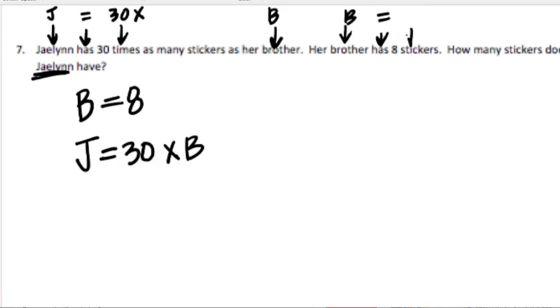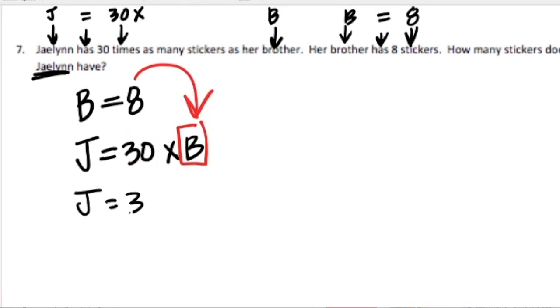Now, they also told us that his brother has 8. So instead of putting B, I could put 8 because his brother has 8. So in order to get Jalen's, I would multiply 30 times 8. This is 3 times 10, right? You would agree that 30 is 3 times 10 times 8.